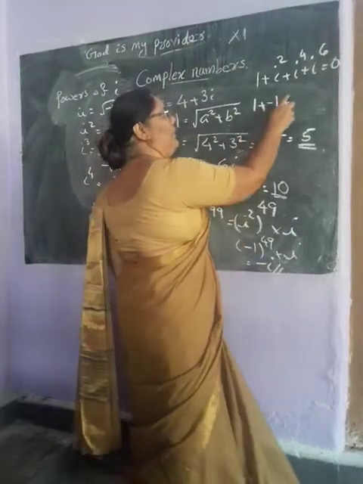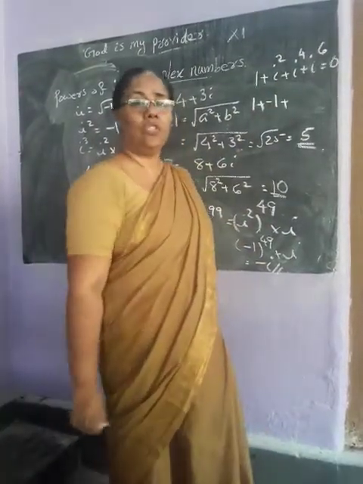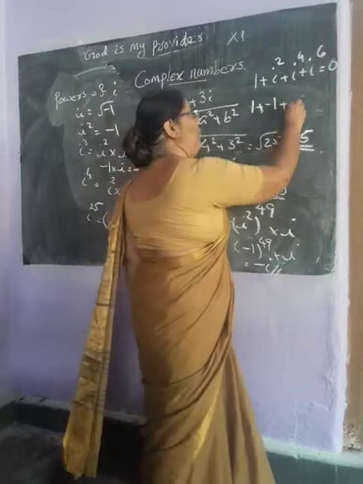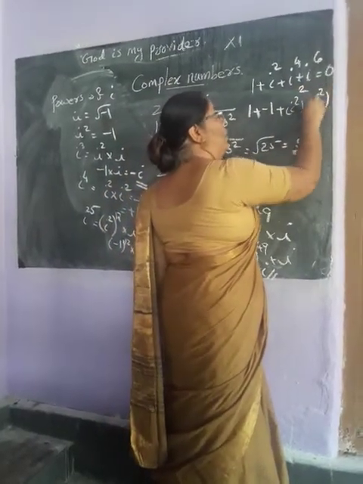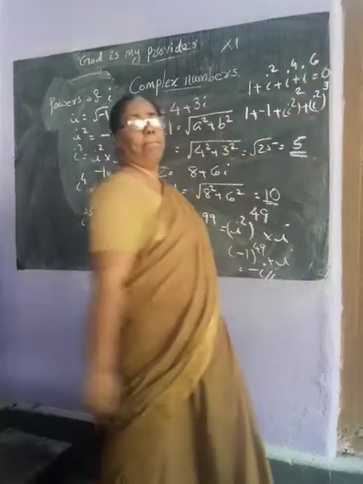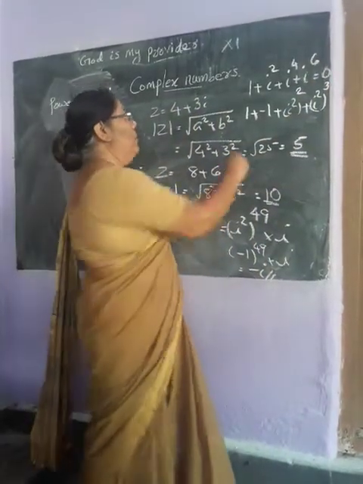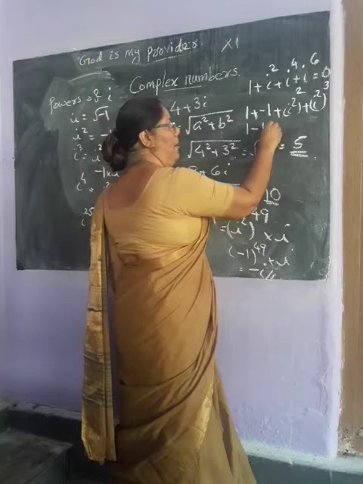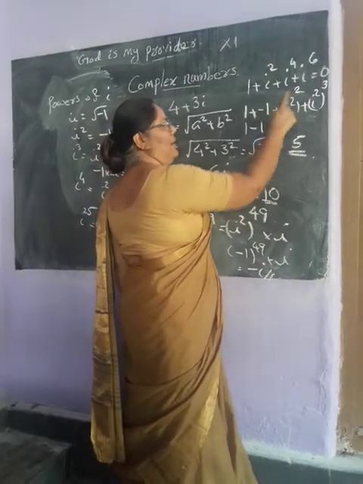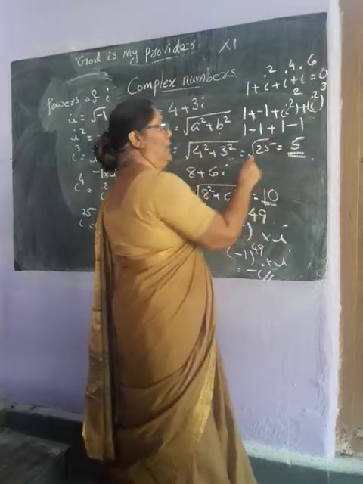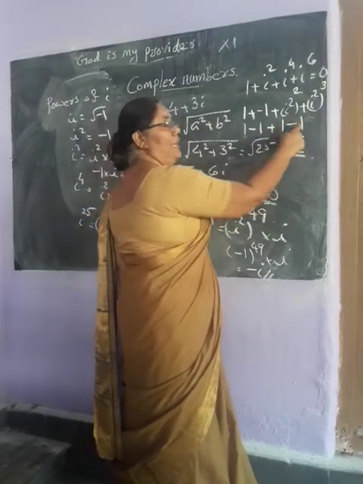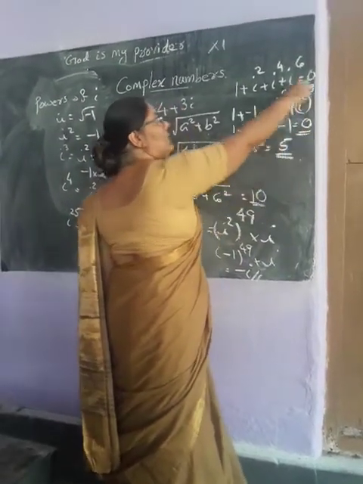You can write one more step here: i square the whole square, plus i square the whole raised to 3, which is i raised to 6. Now 1 minus 1 plus i square raised to 2, which is 1, plus i square raised to 3, which is minus 1. 1 minus 1 is 0, and 1 minus 1 is 0. Therefore the final answer is 0.